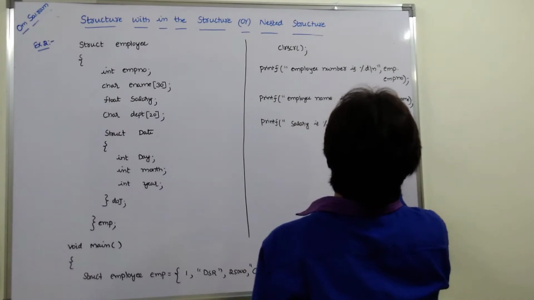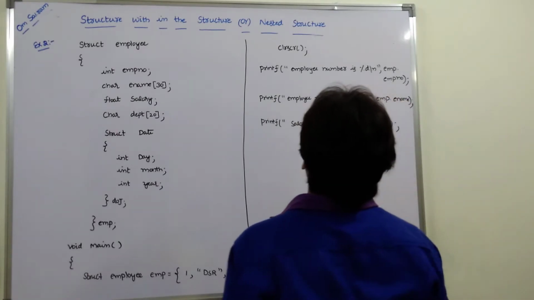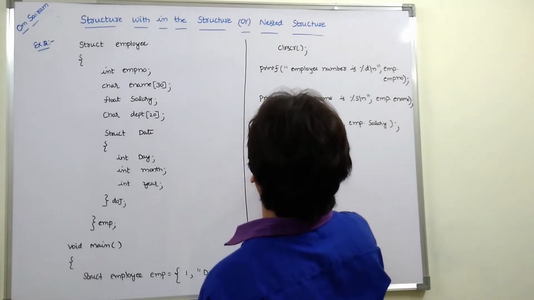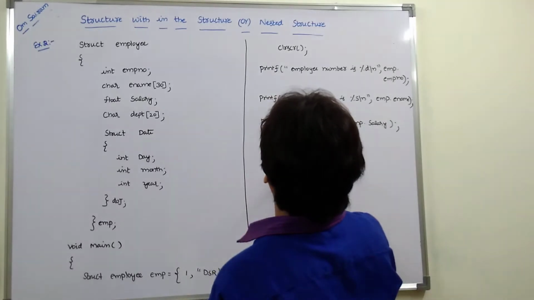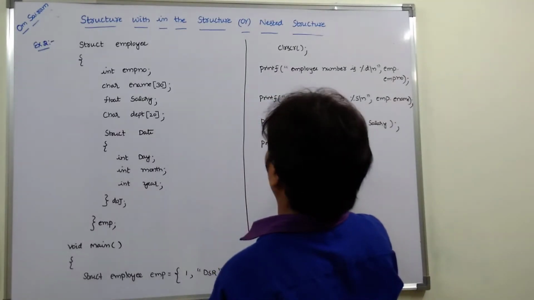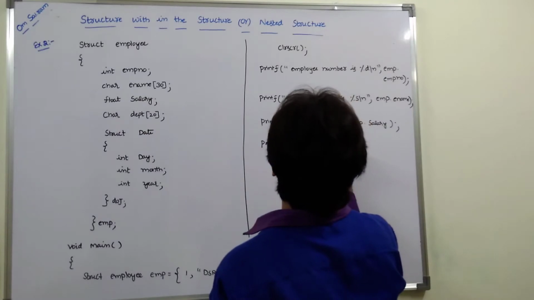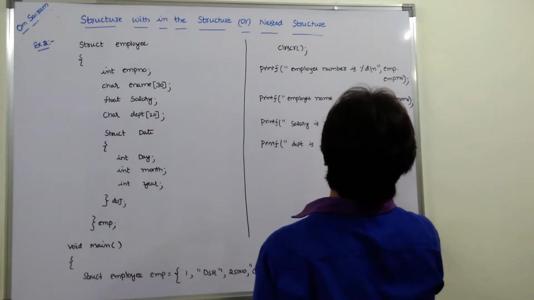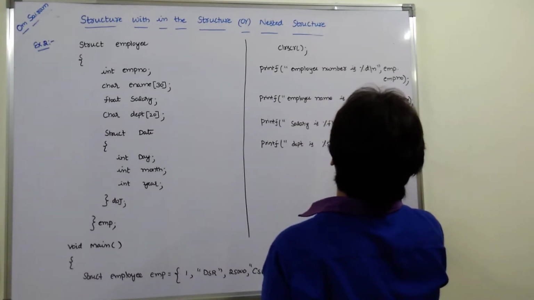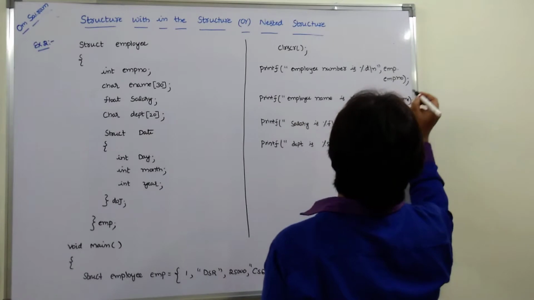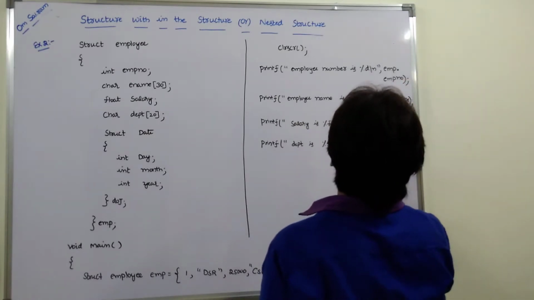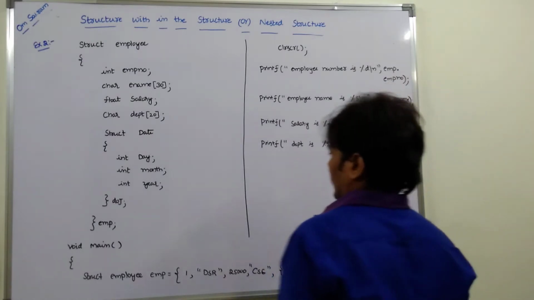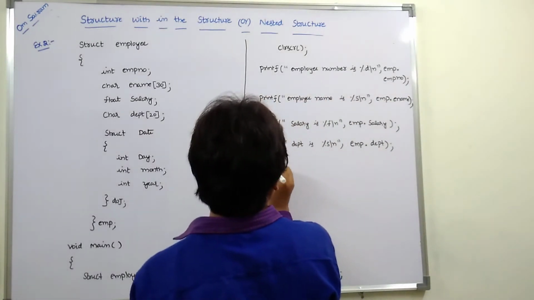Next, printf department is percentage s, slash n, double quote sign, emp dot dept.